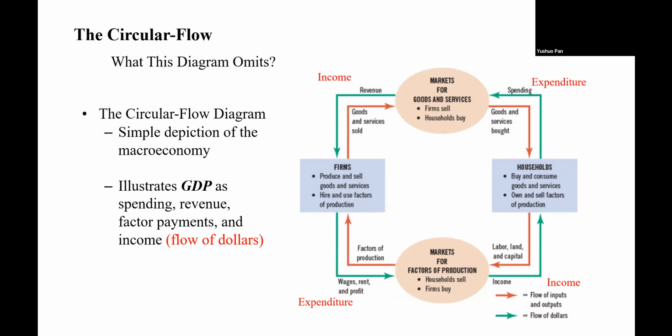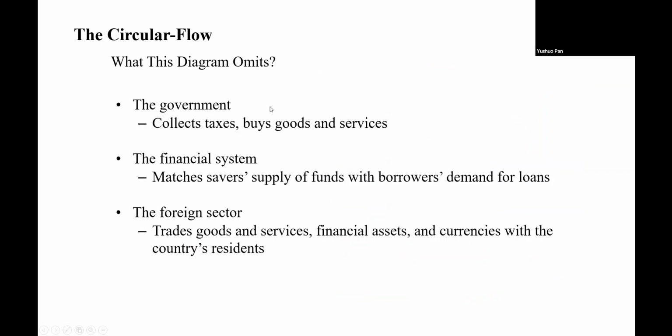But what this diagram omits is the government, right? Because in a market economy, only households and firms make the decisions in that market. But in a mixed economy, the government plays a huge role in that market.